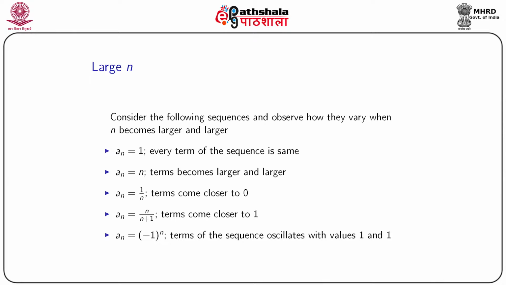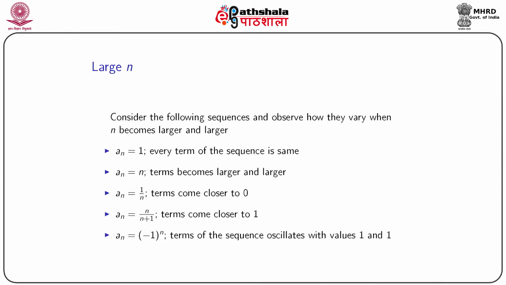First, consider the constant sequence, a_n equals 1. Even if I increase n, all the terms of this sequence will be the same. So we call it a constant sequence. Now if we take a_n as n, then if n becomes larger and larger, a_n will become larger too, because a_n is just n.